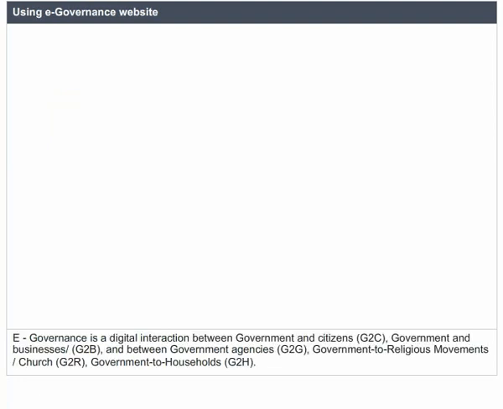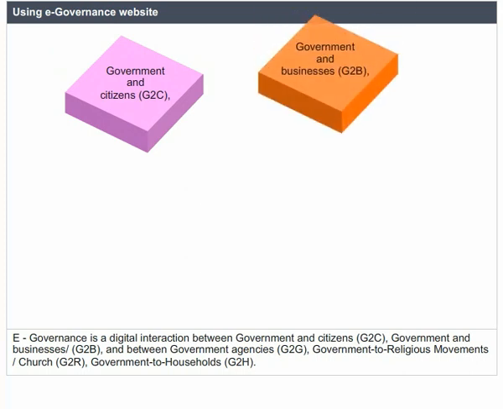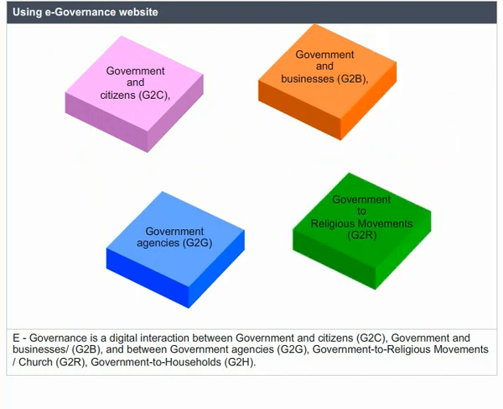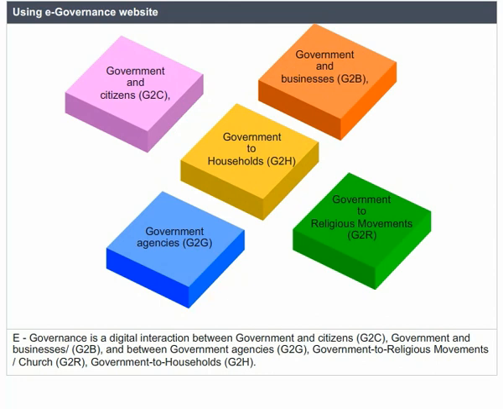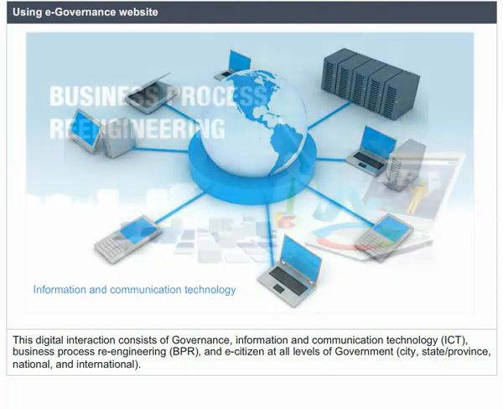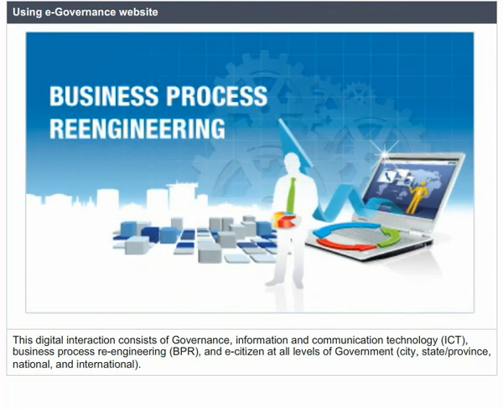Using e-governance websites. E-governance is a digital interaction between government and citizens, government and businesses, between government agencies, government to religious movements, government to households. This digital interaction consists of governance, information and communication technology, business process reengineering, and e-citizen at all levels of government: city, state or province, national and international.